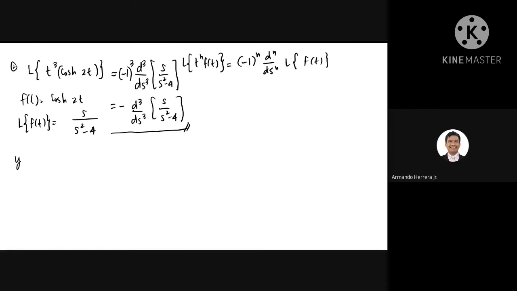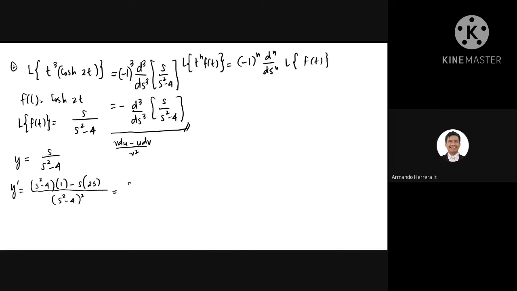So let us equate y to s over s squared minus 4. Let's take the first derivative. We will use v du minus u dv over v squared. So this is s squared minus 4 raised to the second power, with s squared minus 4 times 1, that's v times the derivative of s, which is 1, minus s times the derivative of s squared minus 4, which is 2s.